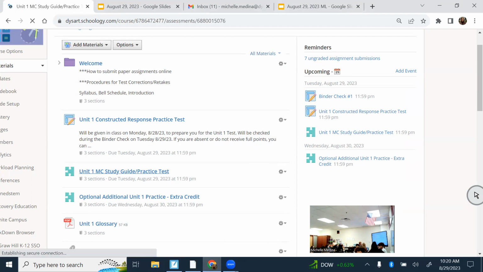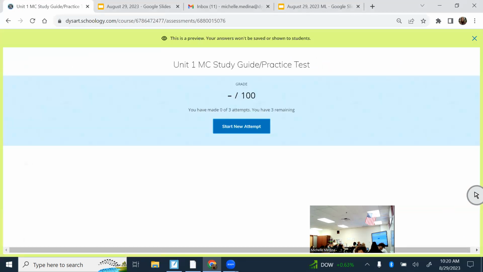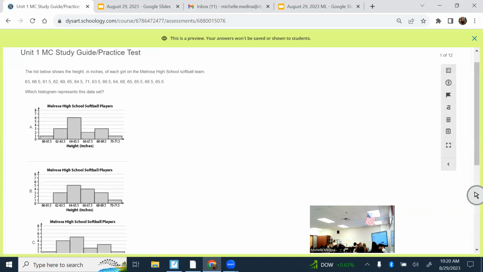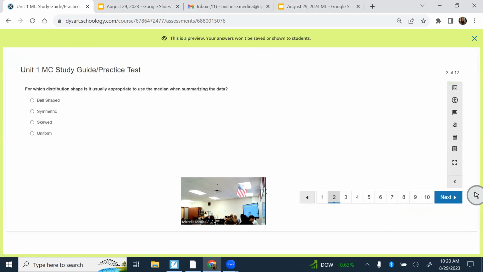I'm not just blindly doing problems up here for my benefit. All right, anyway, on the multiple choice part, question 2 was requested. All right, so for which distribution shape is it usually appropriate to use the median when summarizing the data?